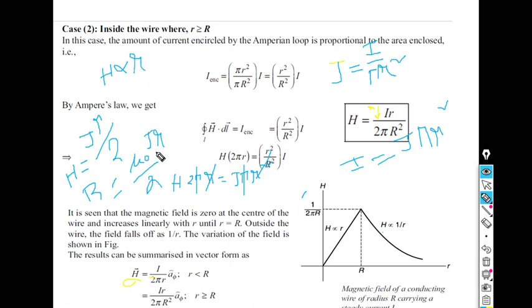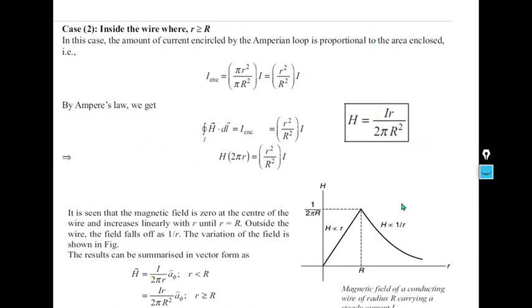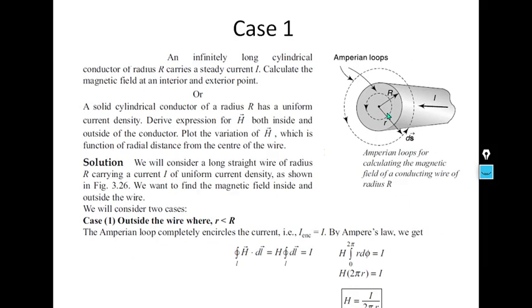So if I reduce the r, then H will decrease. If I go towards this point, where r tends to 0, then H tends to 0. If I increase the r, then H will increase inside the conductor.